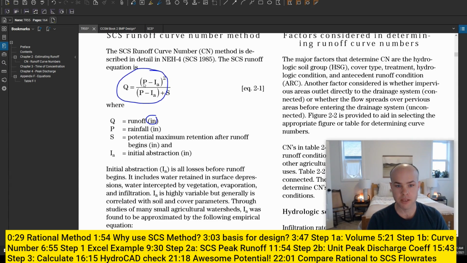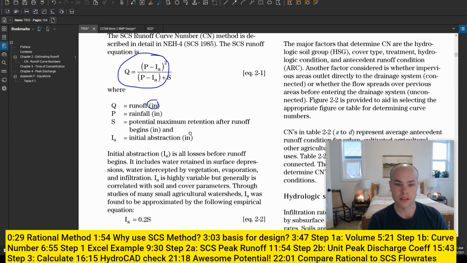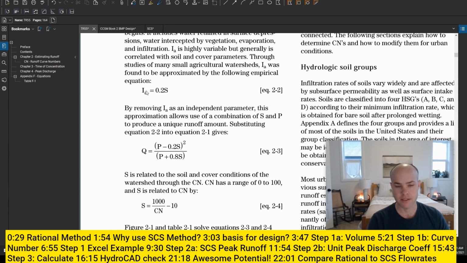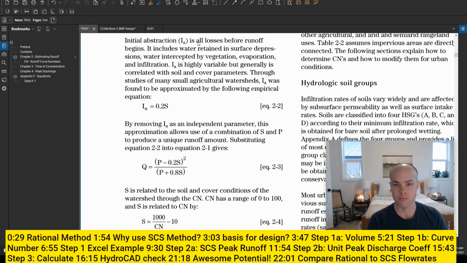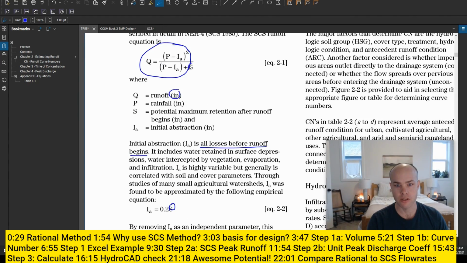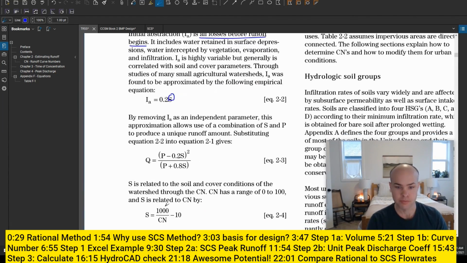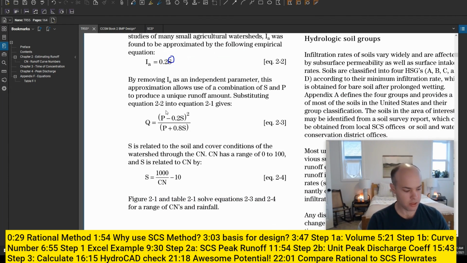But you put in P for precipitation. Ia is initial abstraction. So we've taken this initial abstraction value, which is losses before runoff begins, versus the storage, the S here, storage, is while runoff is happening. So S and Ia sort of combine into one term, and we're left with this formula here and this formula here.